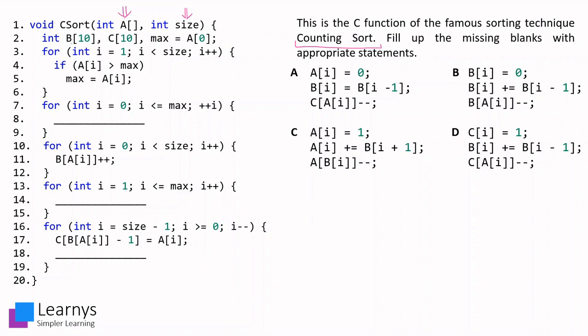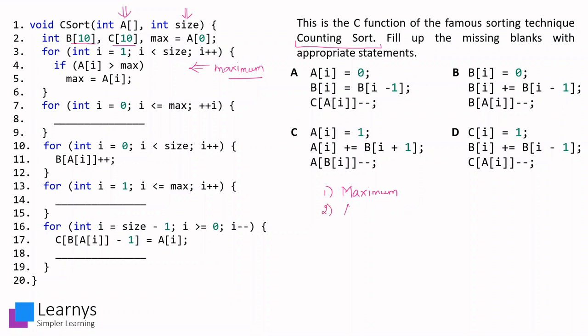We have taken two arrays B and C. We know that in counting sort, we take one auxiliary array and one is our output array. So in the first loop, as we can see, we are finding out the maximum element in the A array. So in counting sort, our first step is to find the maximum element in array A.